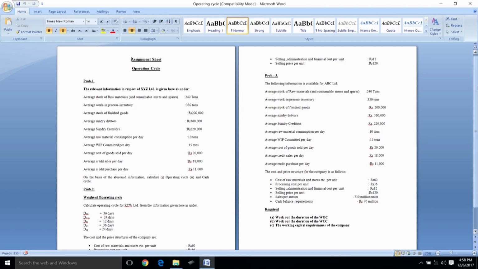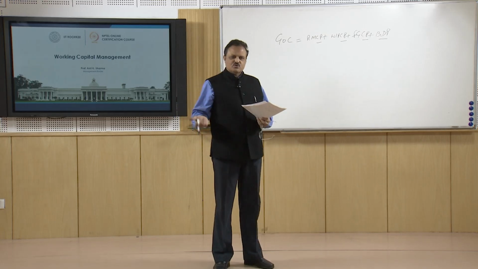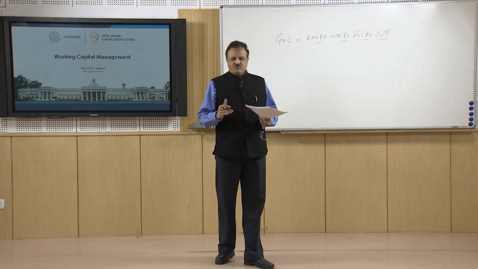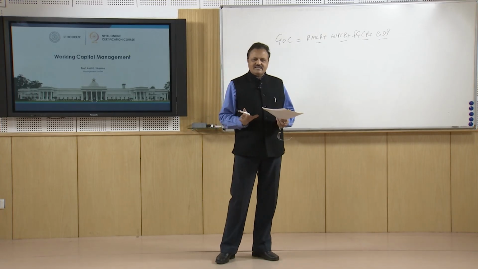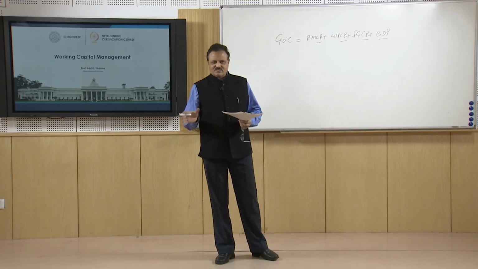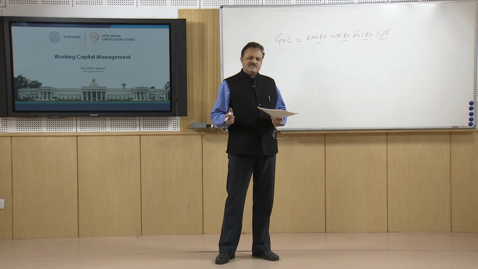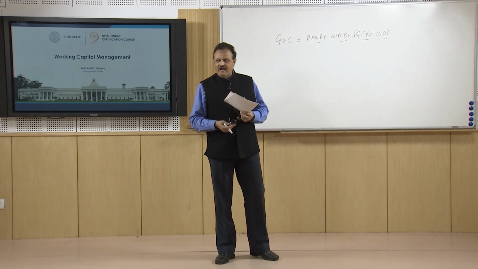How can we calculate the average debtors? Take the opening balance of the debtors in any year and the closing balance of the debtors of that year, take the sum of these two and divide by 2, and you get the average debtors.